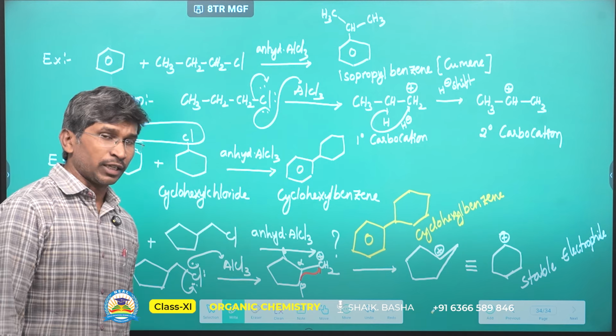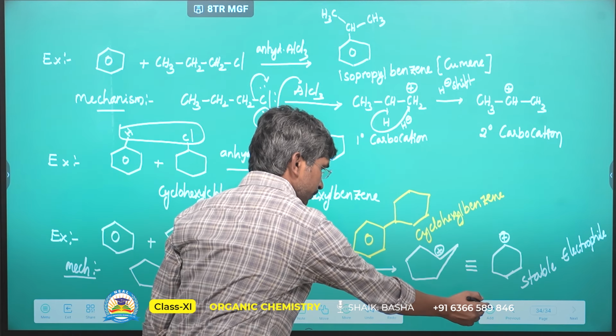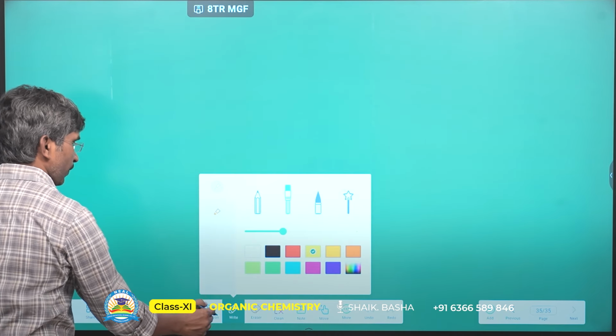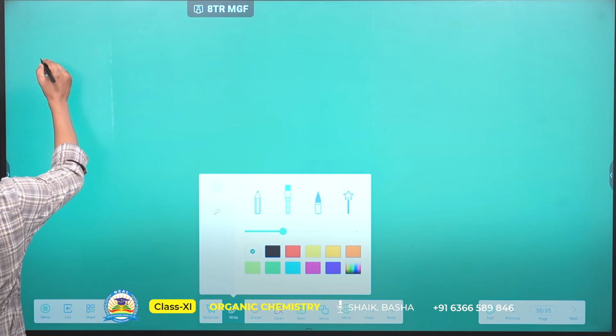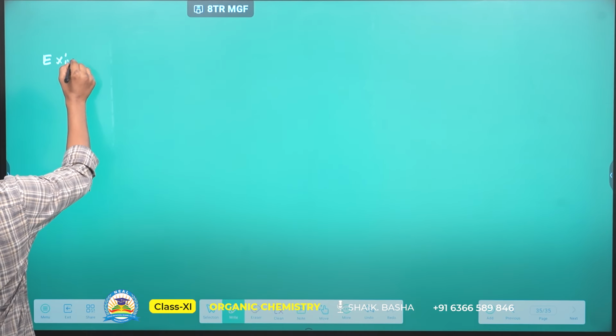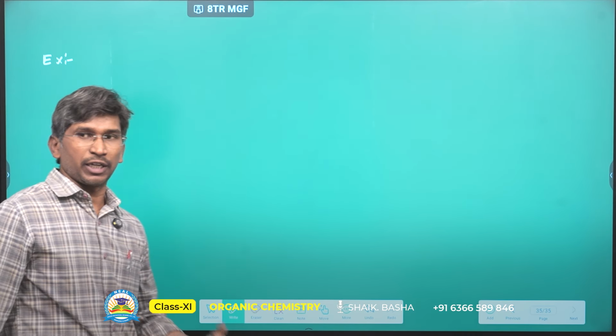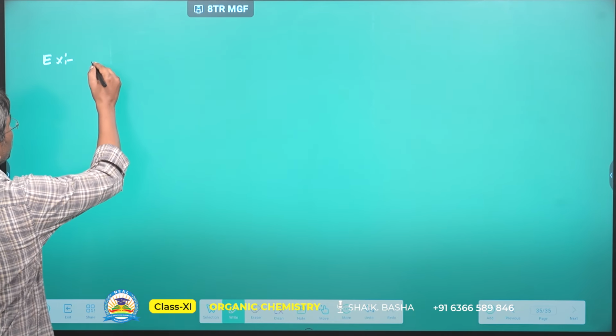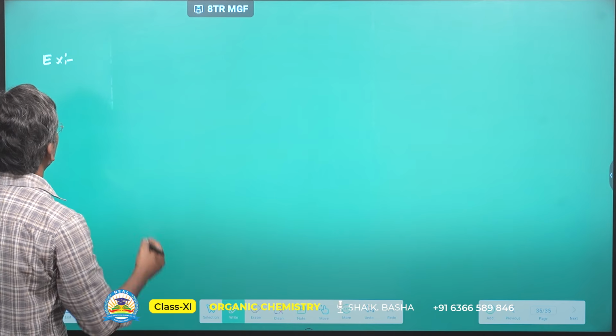I'll give you two more examples here, and we'll go for the other applications. Substituted benzene applications also we can do.